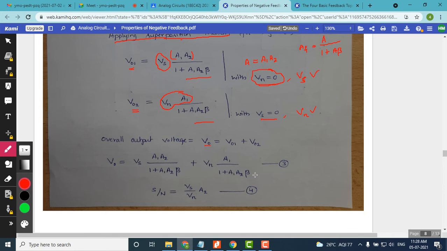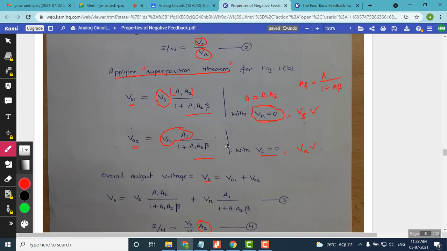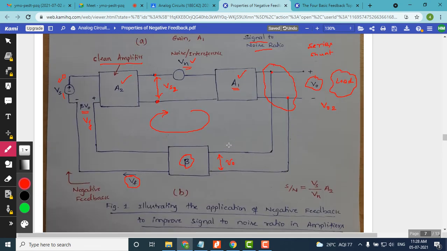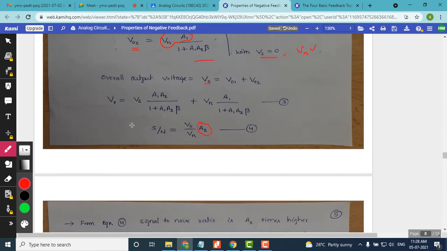The signal to noise ratio is Vs by Vn, the signal component by the noise component, and now it only gets multiplied with A2. Between Vs and Vn, as you can see in the block diagram, only A2 exists. So the signal to noise ratio now depends only on the clean amplifier.